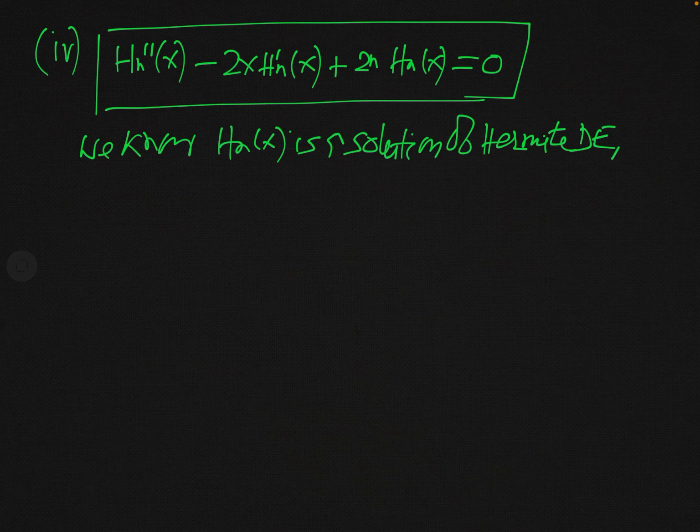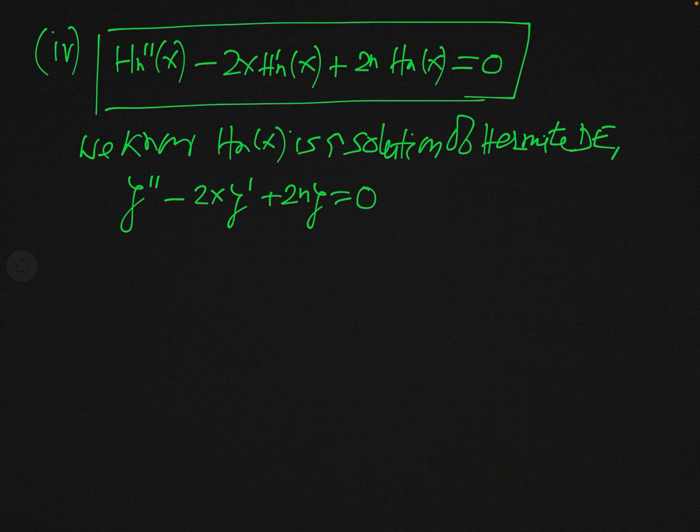And what is the Hermite differential equation? We have seen this is y double prime minus 2x y prime plus 2ny equal to 0. This is the Hermite differential equation.